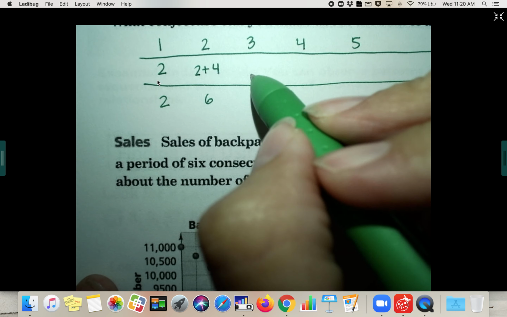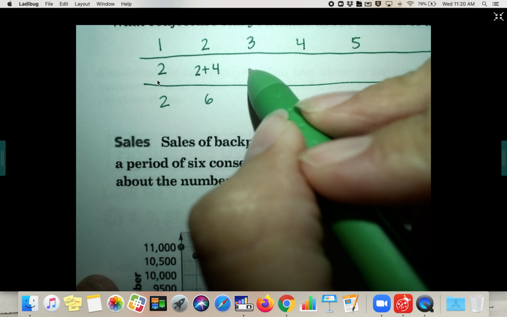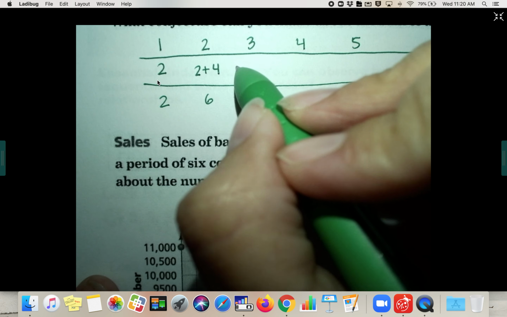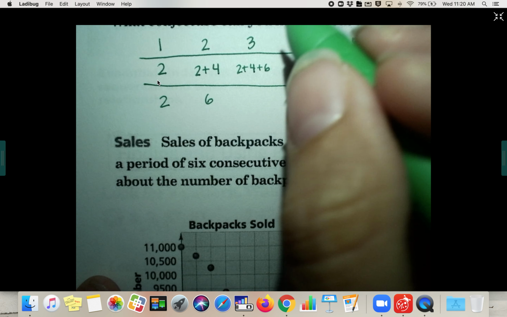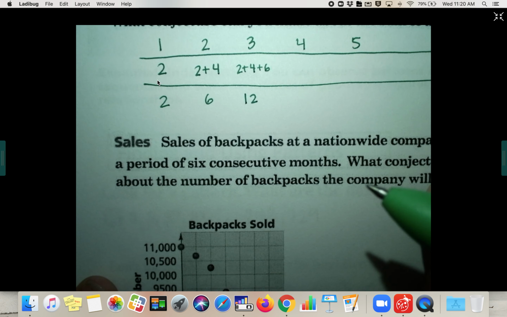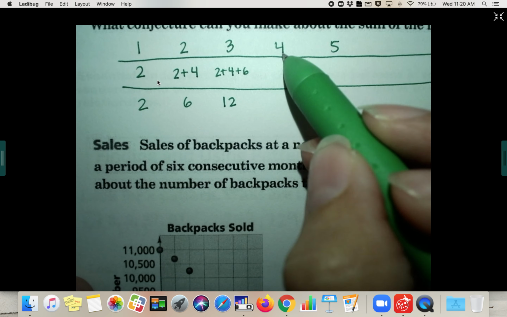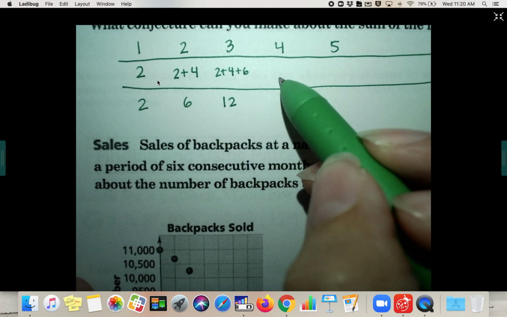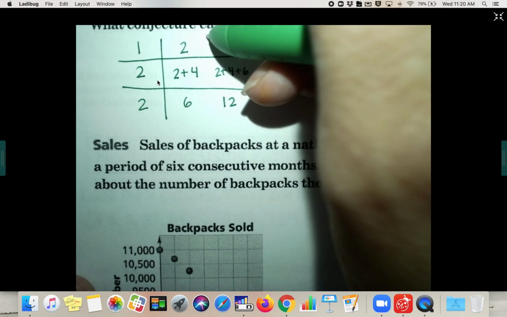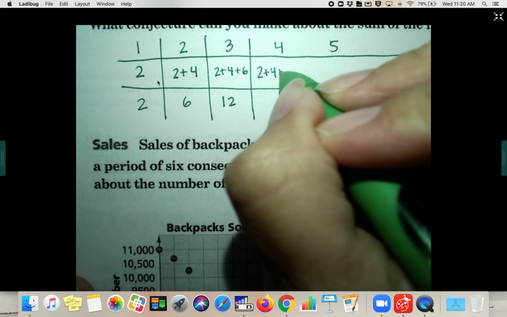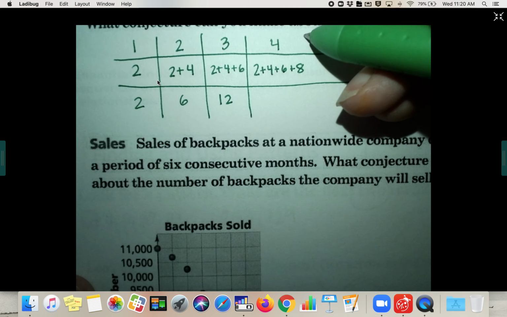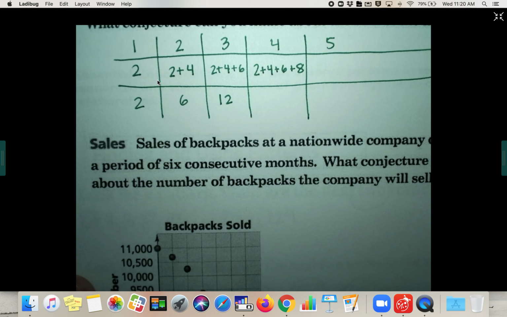All right, the next term would be 3 even numbers, so 2 plus 4 plus 6 is 12. Okay, in our fourth section of the table, I would do 2 plus 4 plus 6 plus 8, which is 20.